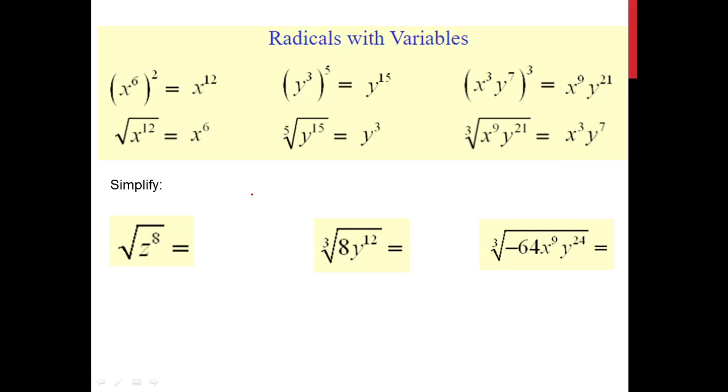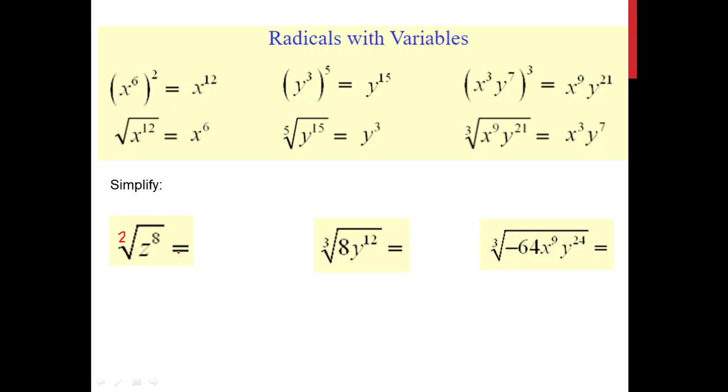So here, I have the square root of z raised to the power 8. Now, since this is a square root, it has an index of 2. So how do we simplify this? Based on this one, the simplest explanation is that the exponent on the variable is divided by the index.